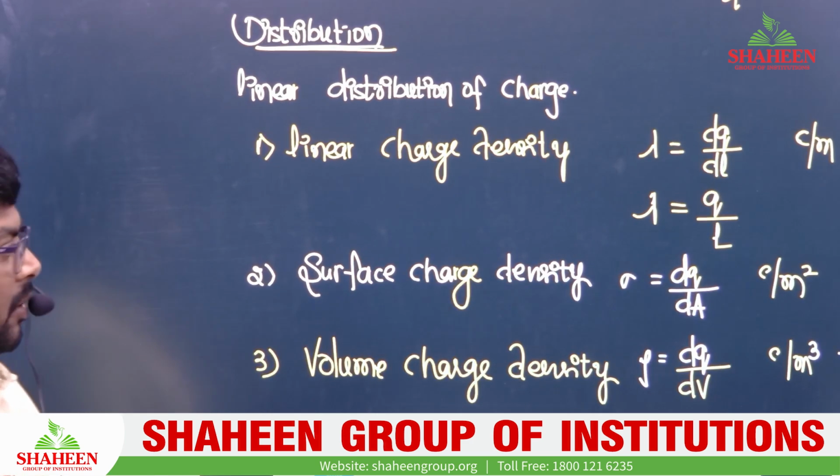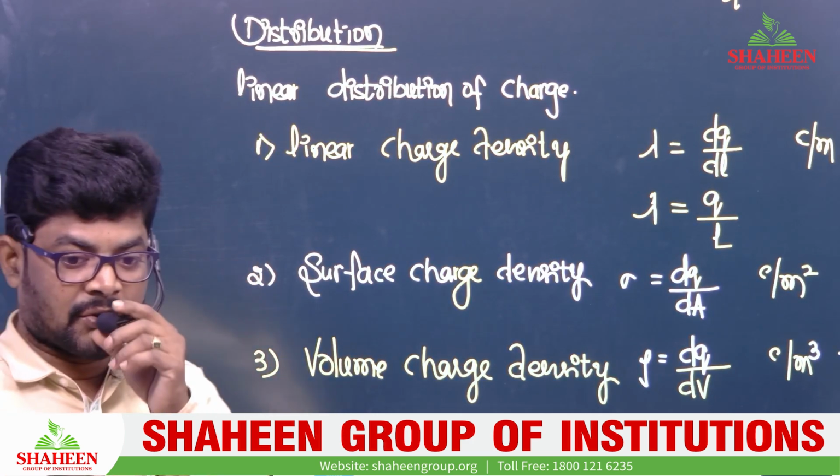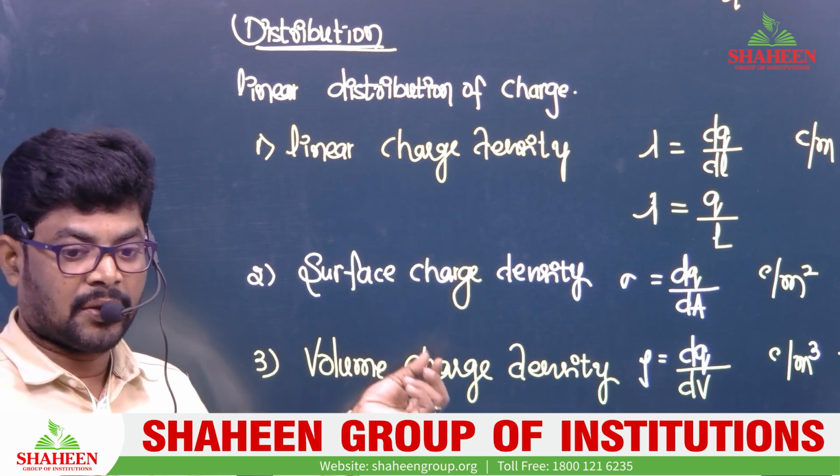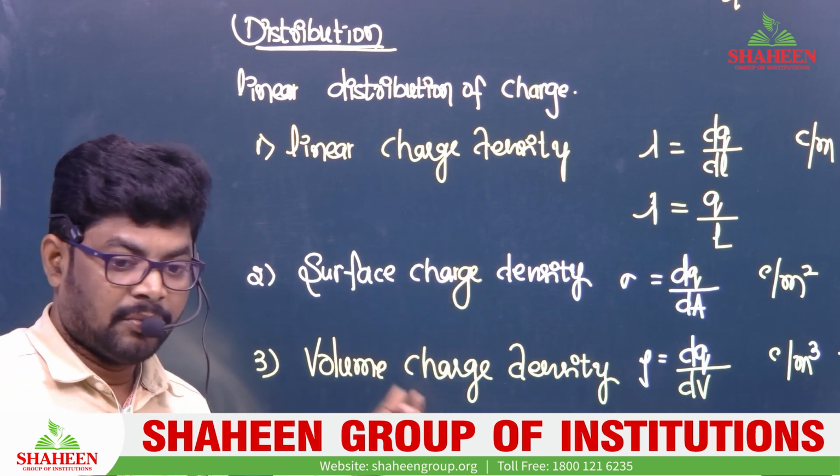So this is called distribution of charge: linear charge density, surface charge density and volume charge density.